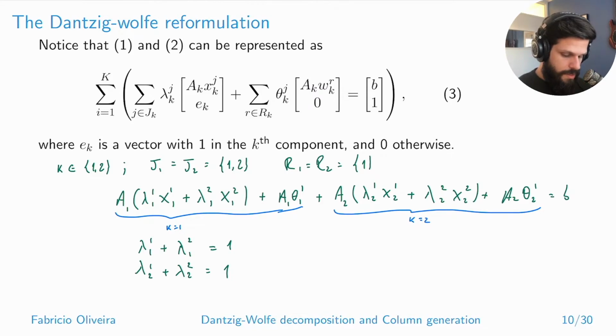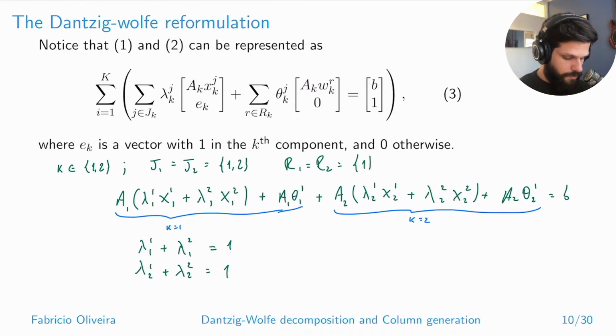Okay, so you can see that the coefficient column associated with the coefficient lambda 1 1 is this a1 x1, and then I have 1 here, and then 0 everywhere else. See?